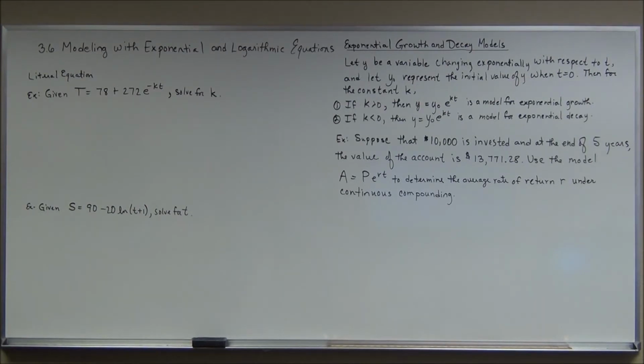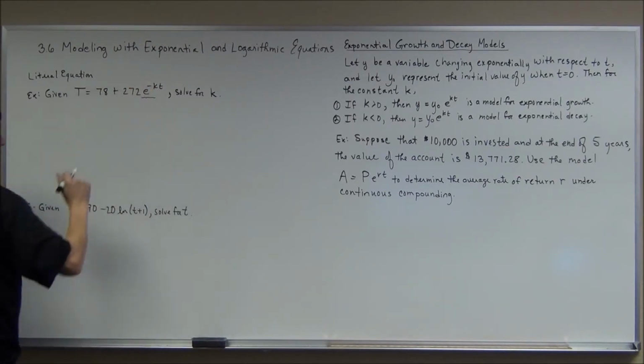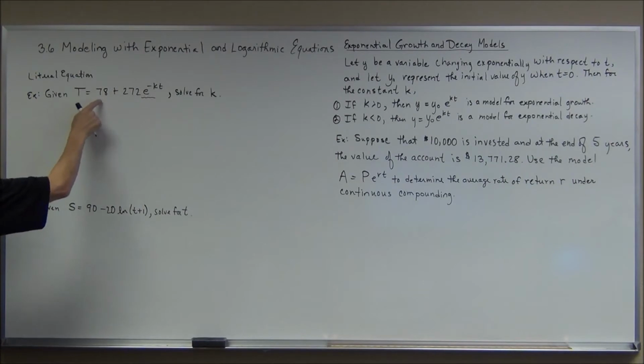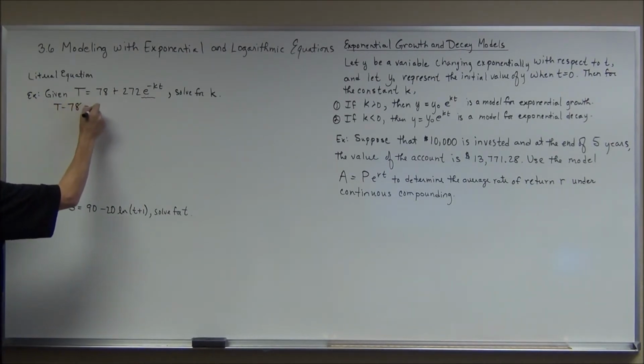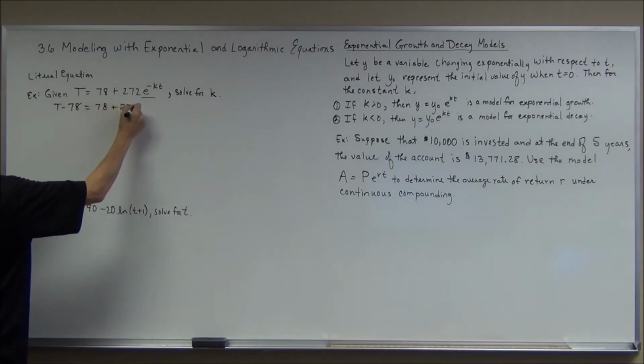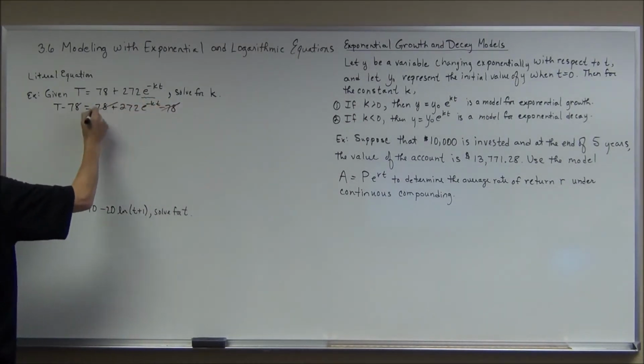First things first, we're going to try to isolate the factor that has the variable in the exponent that we're solving for. So I'm going to try to get this all by itself. To do that, I'm going to subtract 78 from both sides. That'll cancel out.